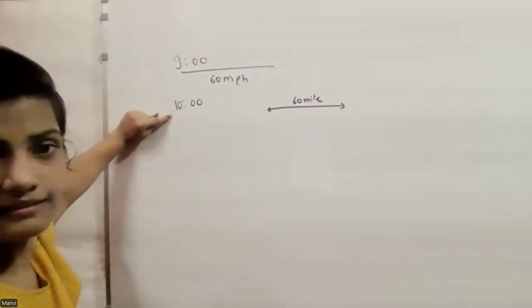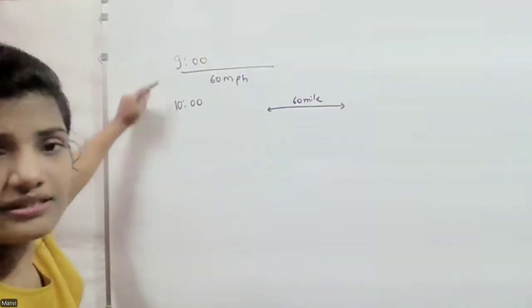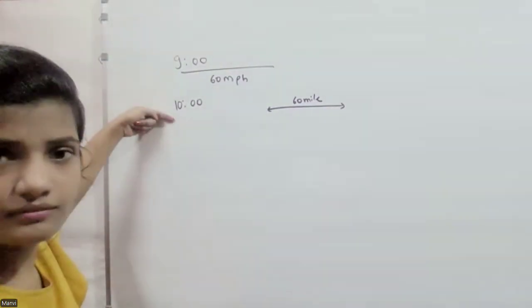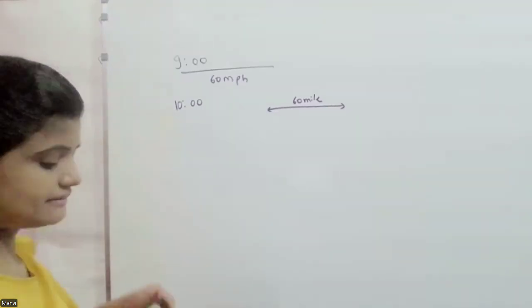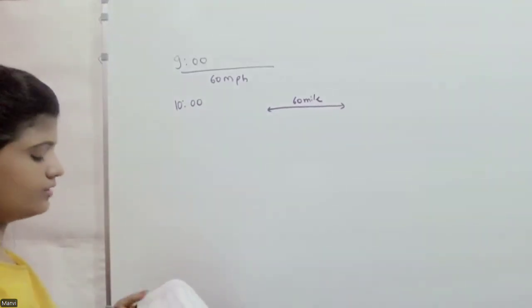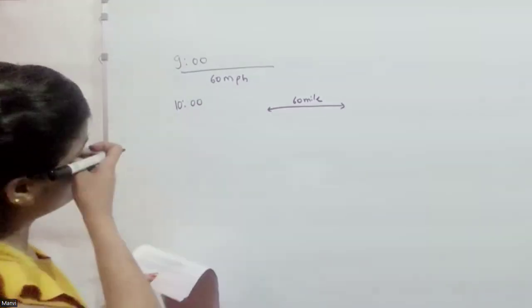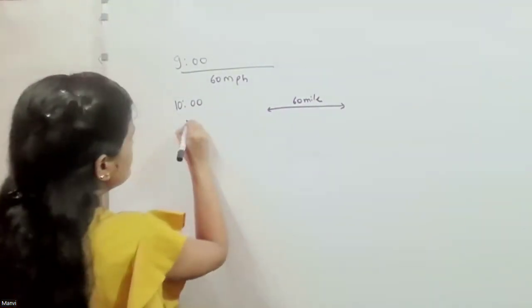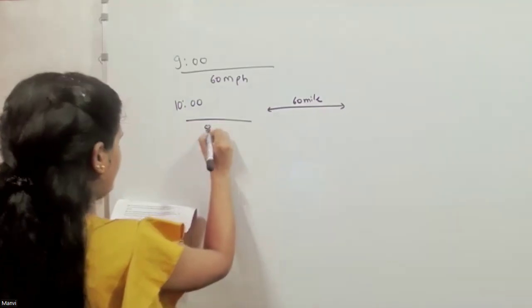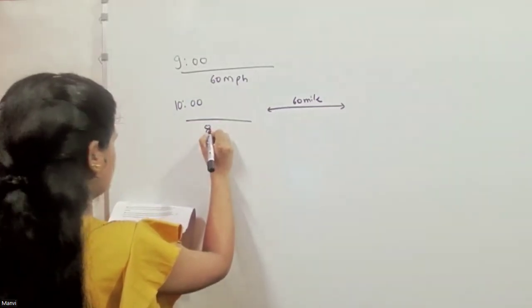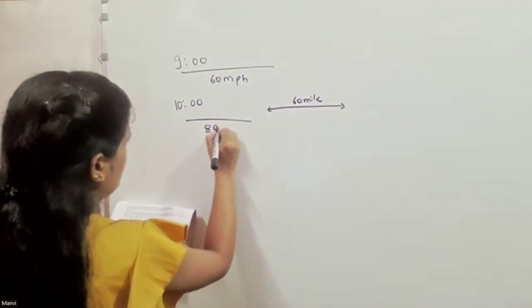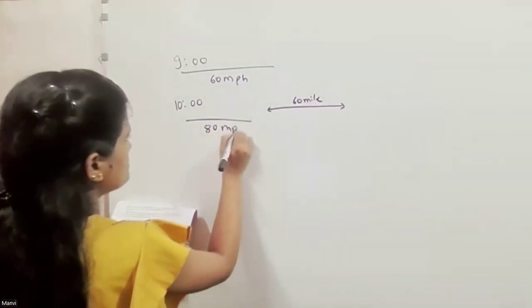Car B started at 10, meaning after 1 hour of car A. Now, the speed of car B is 80 miles per hour.